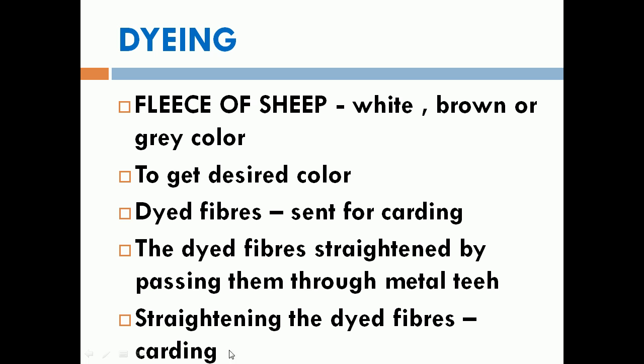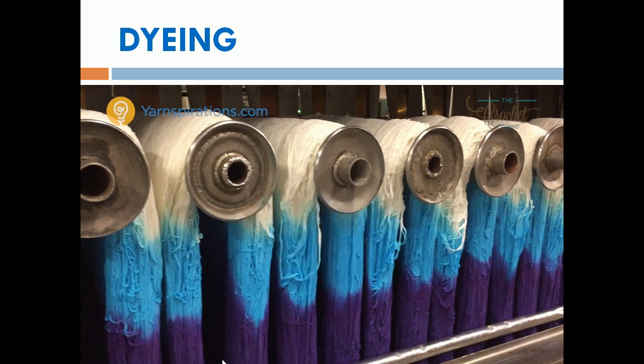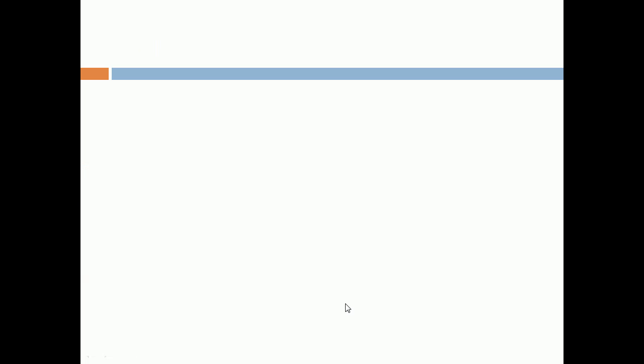That process is called carding. Here you can see the picture of dyeing. To get the desired color, we dye it with a particular color. After that it has to be straightened by using metal teeth. That is called carding.